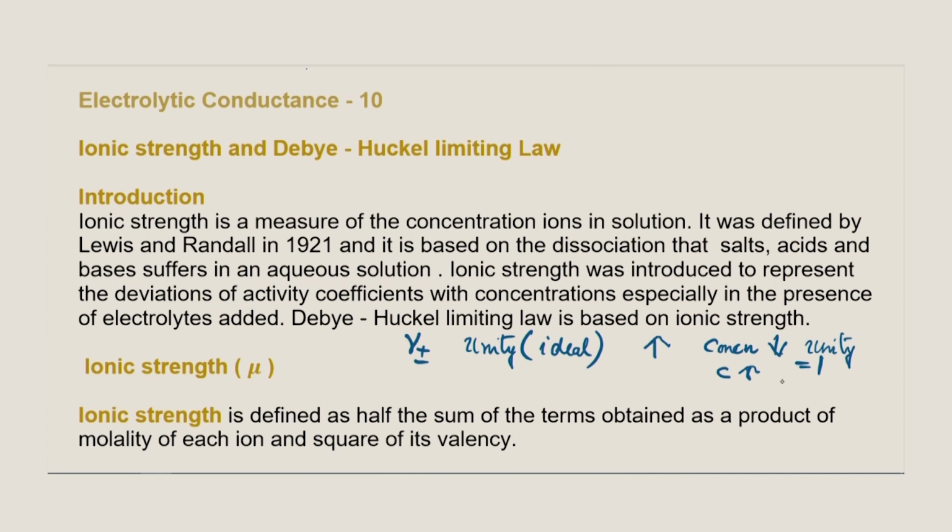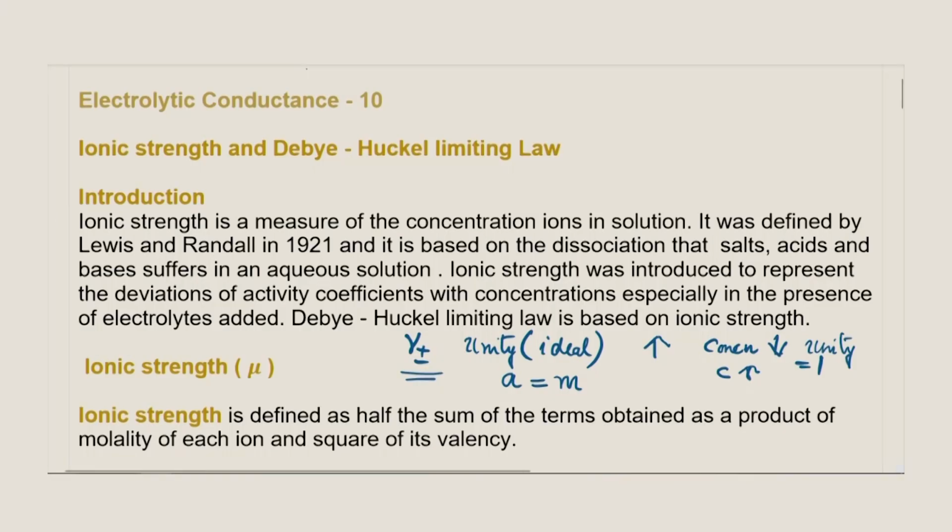So, under ideal conditions you get the value as unity, or in those cases we can neglect the activity coefficient and activity will be directly equal to molality, or you can say the concentration of the electrolyte. So, here an attempt has been made, introducing the term ionic strength and Debye-Huckel limiting law, in order to explain the deviations from ideal conditions in concentrated solutions.